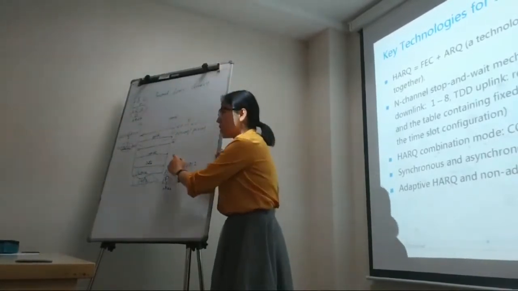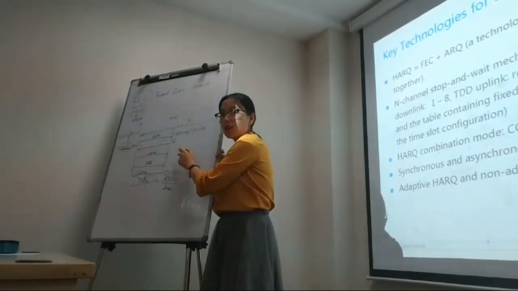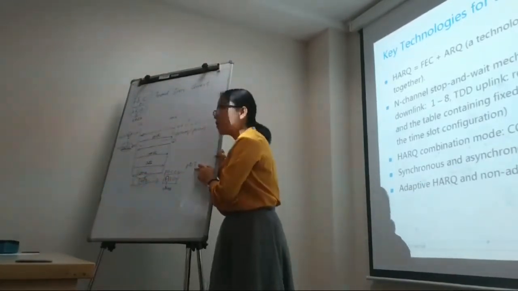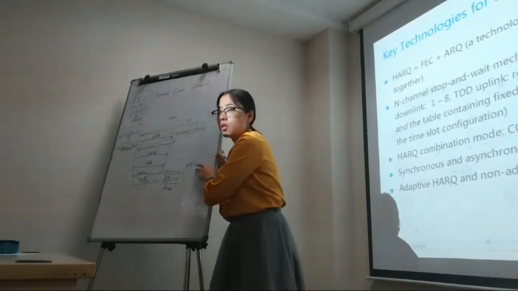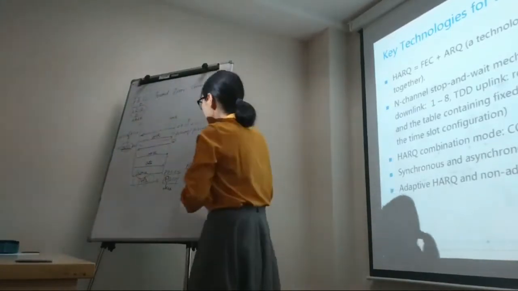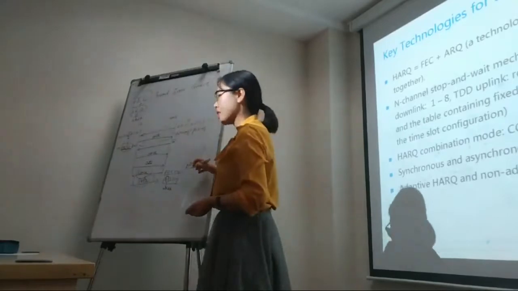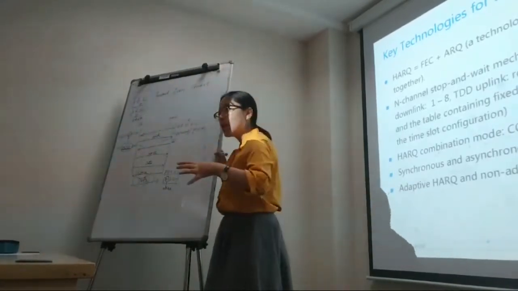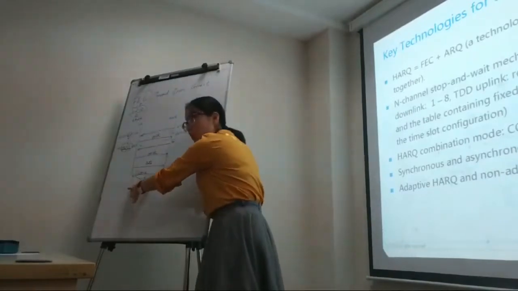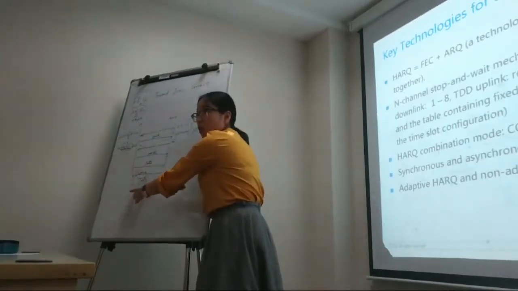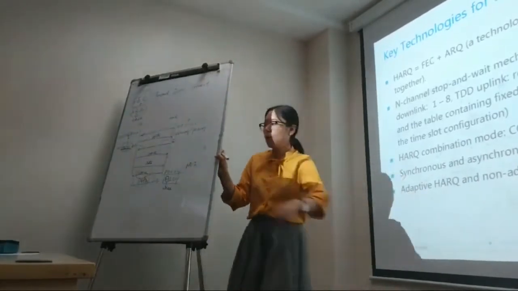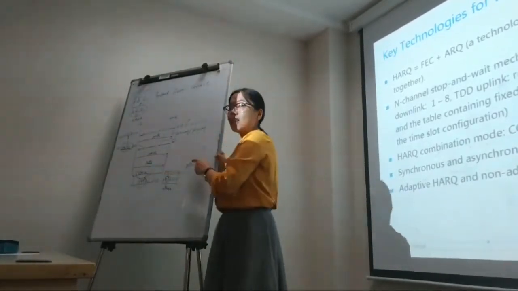So the PDCCH contains the scheduling information for the new data. If this value is reversed, for example, last time it was 0, next time it is reversed, okay, I need to retransmit. This is the scheduling information for the retransmitted data. So in that condition, if we use adaptive HARQ, we will use PDCCH to indicate.